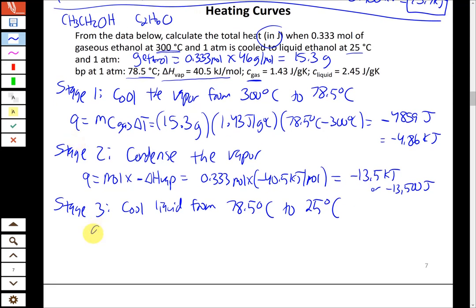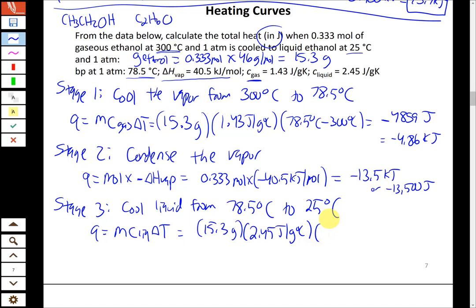And again, when we're cooling a substance in a single phase, it's going to be MC delta T, and we just have to make sure we use the correct specific heat capacity for the liquid. So we said the mass of the substance is 15.3. Heat capacity for the liquid is given here as 2.45. So we have to use that value for this step.